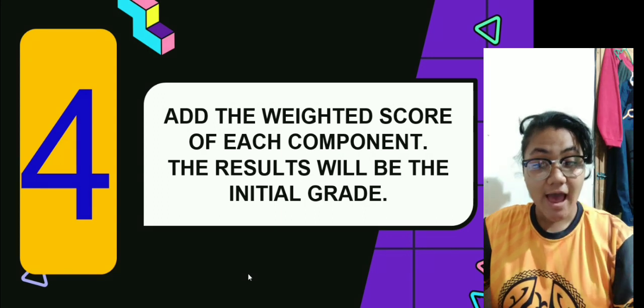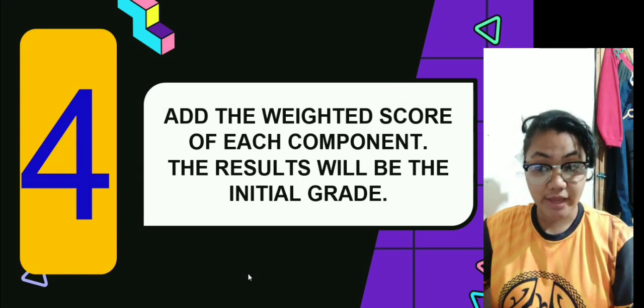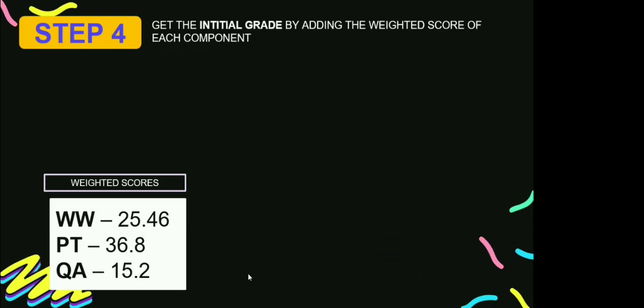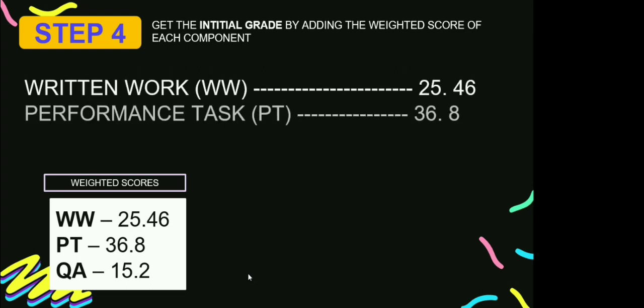Step 4. Add the weighted score of each component and the result will be the initial grade. Since we already have the weighted score of each component, we can now proceed to step 4, which is getting the initial grade by simply adding all the weighted scores of each component. So again, the weighted score for written work is 25.46.